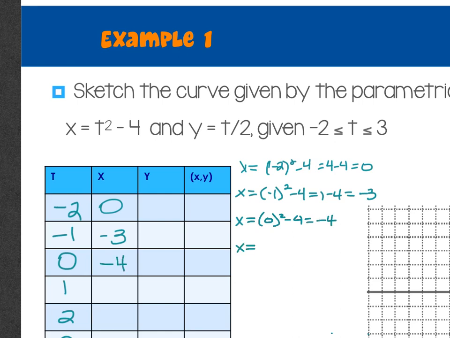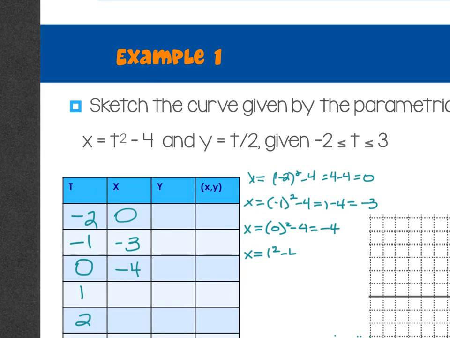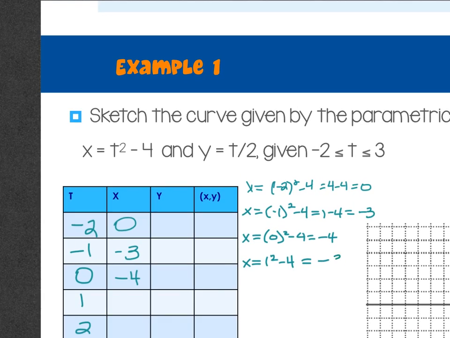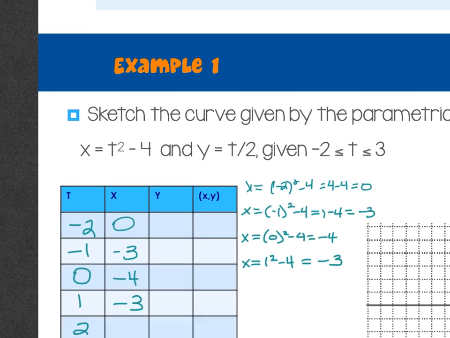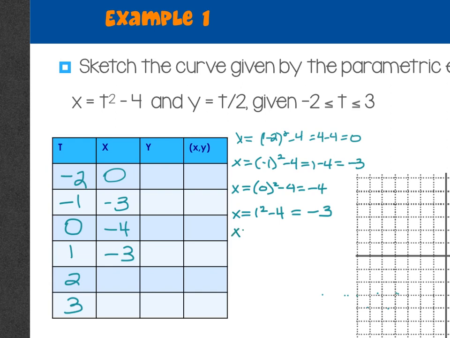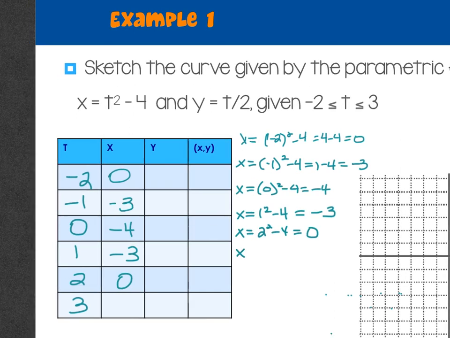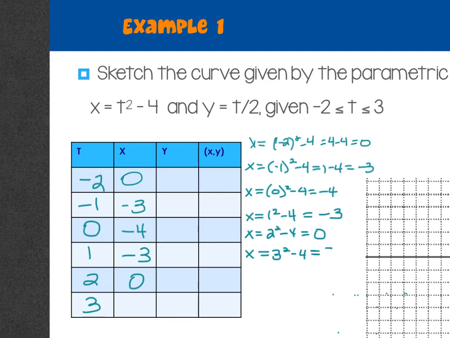Next one, x equals 1 squared minus 4, which is -3. x equals 2 squared minus 4, which is 0. And x equals 3 squared minus 4, 9 minus 4, which is 5.